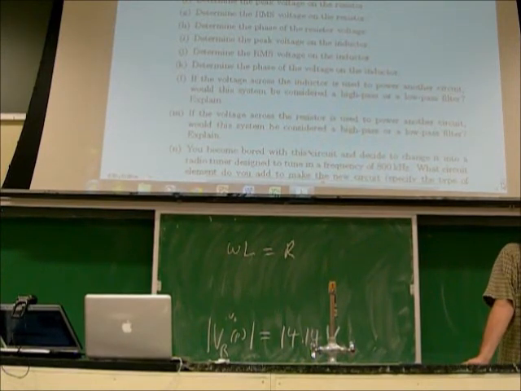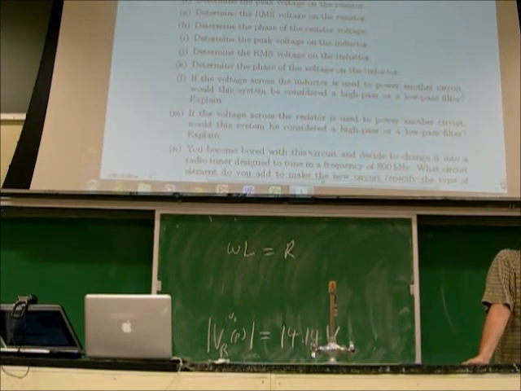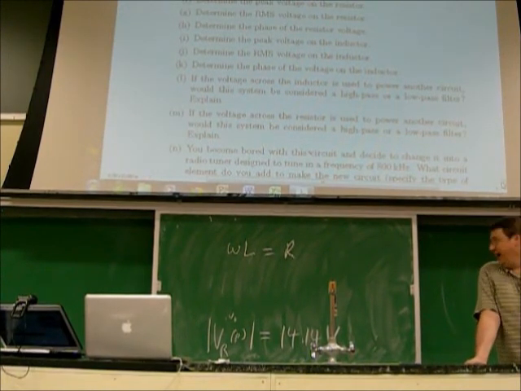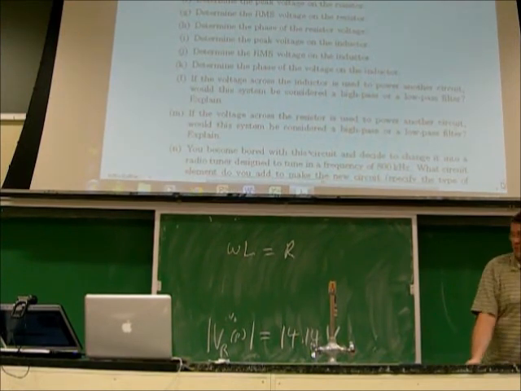When omega L is the same as R, the ohms of the resistor and the ohms of the inductor are the same, and so it splits up 50-50. Frequencies higher than this go to the inductor, frequencies lower than this go to the resistor.